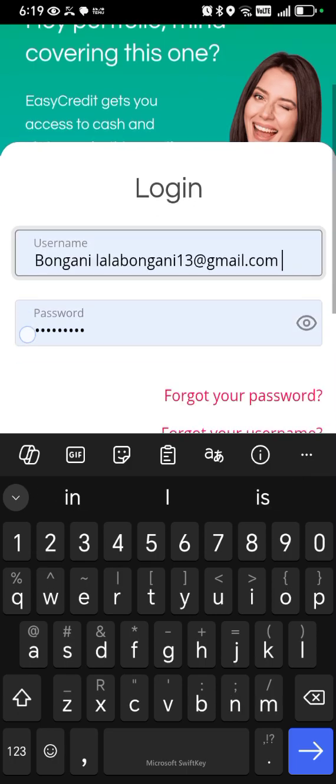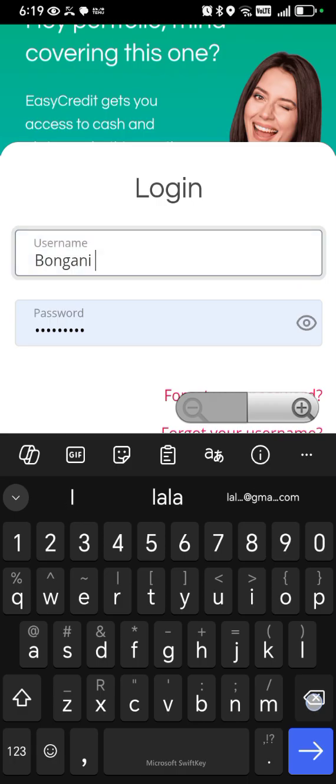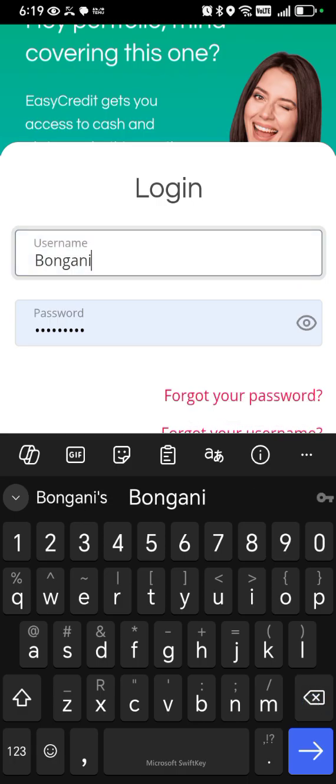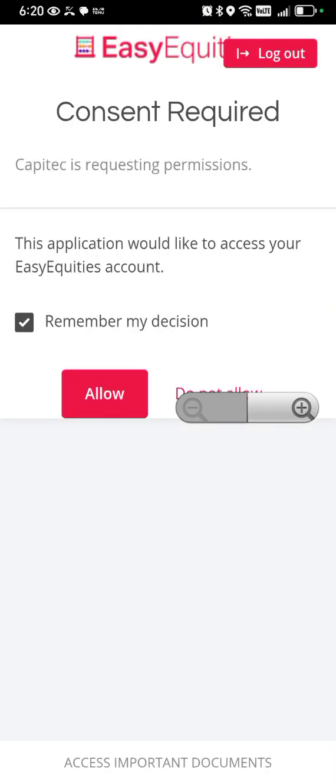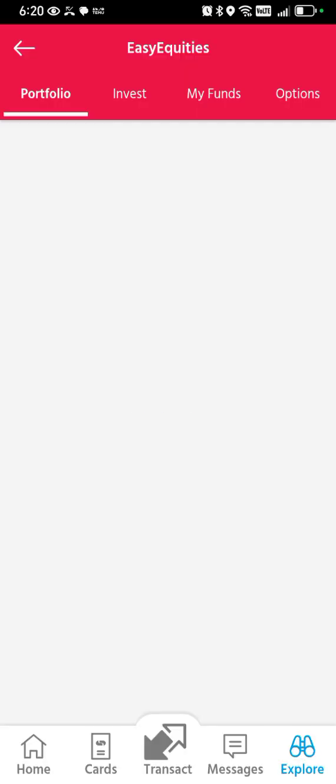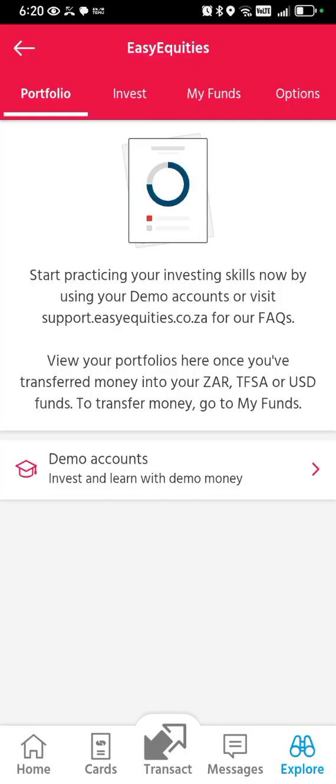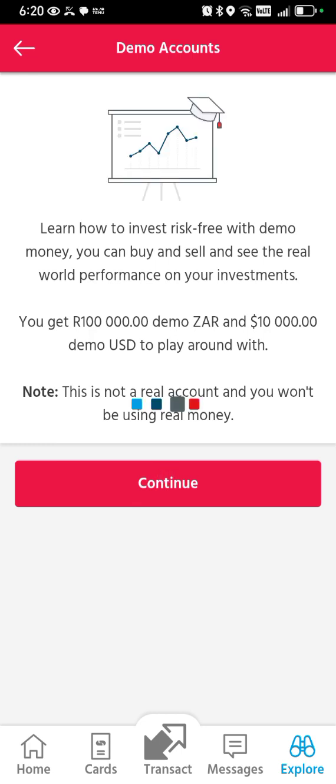I'm going to quickly put in my login details, then allow some permission there, and then voila, we are inside the Easy Equities account. All right, so we're going to continue with the demo account.